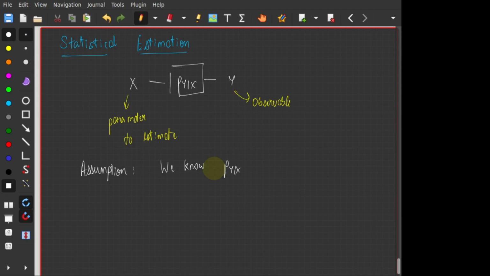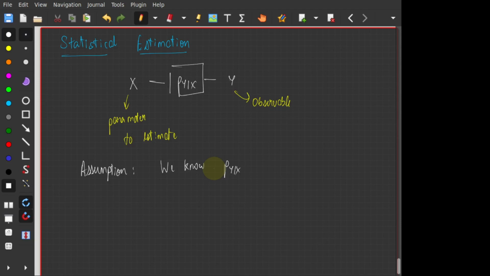So y is equal to x plus Gaussian noise. That's the standard assumption. Or if it's some kind of a wireless channel, let's say line of sight, then y is equal to h times x plus noise, where this h is what is called a fading coefficient.